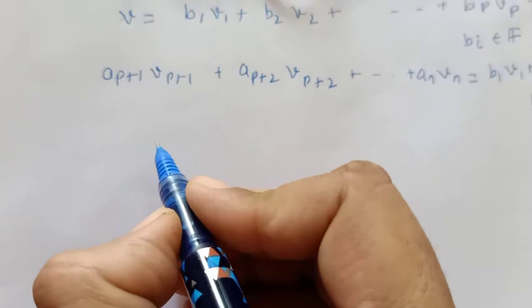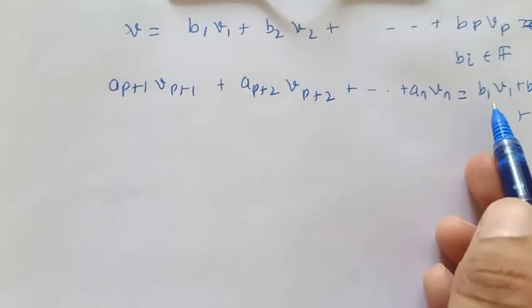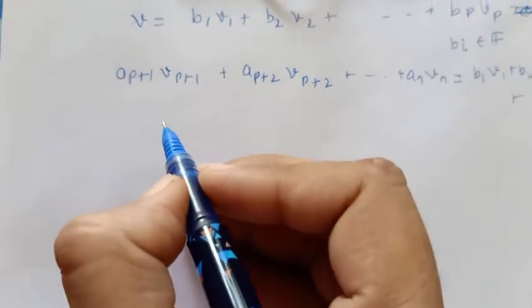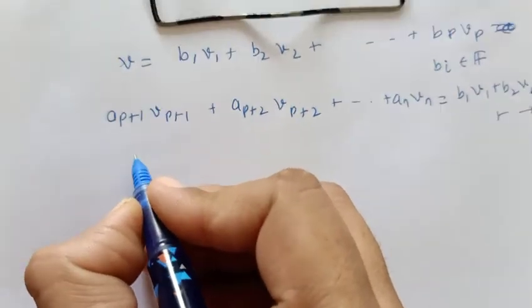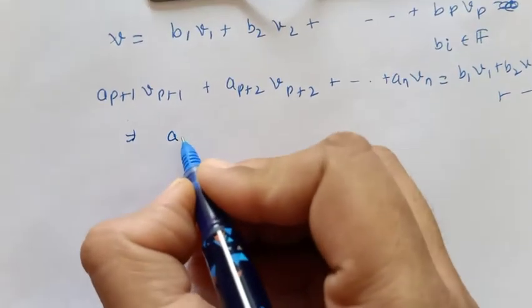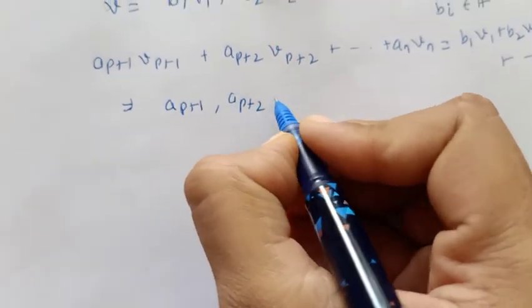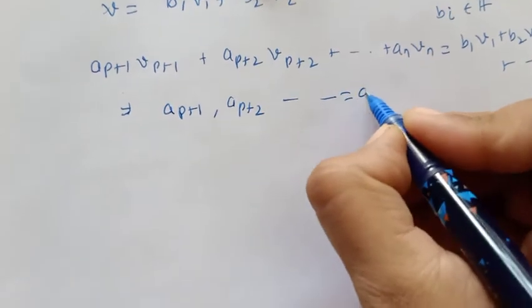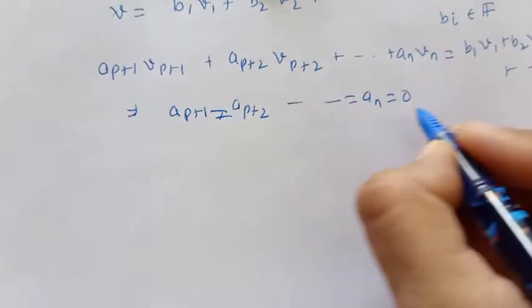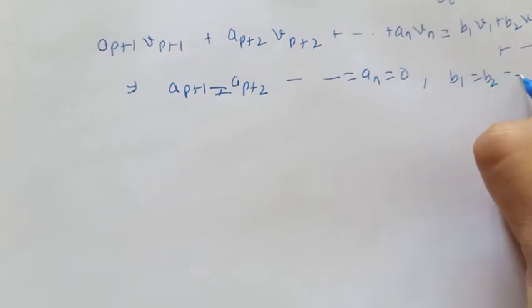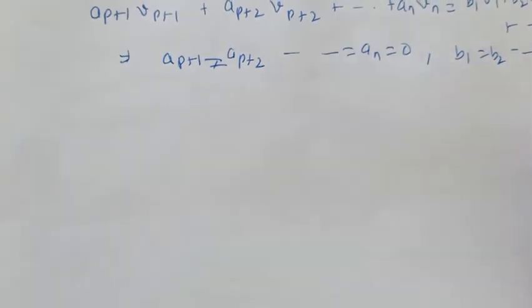If we take all the terms with a_i's on the other side, this implies that all these coefficients a_{p+1}, a_{p+2} and so on up to a_n are 0, and all the b_i's are also 0.